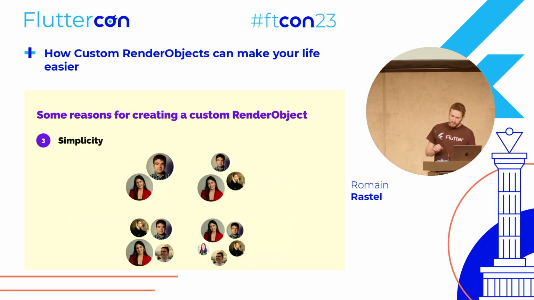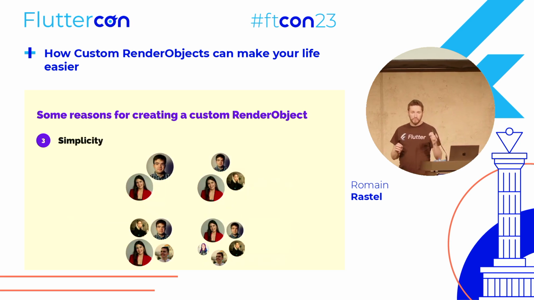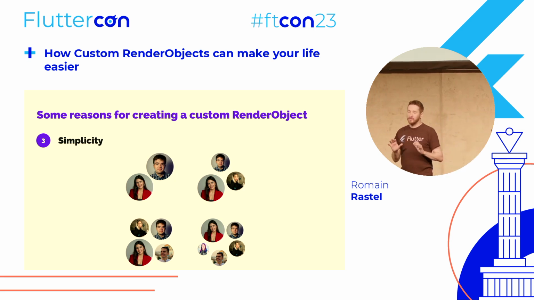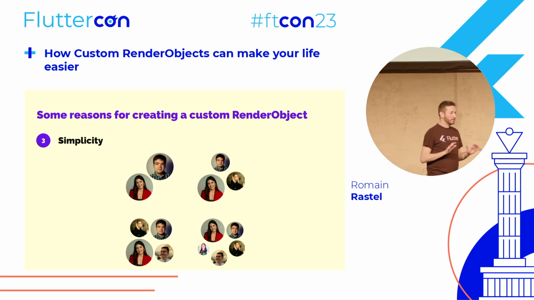And to finish, you may want to go to the render object level for simplicity. Yeah, I know it can be pretty confusing because render objects are not known to be simple, but everything is relative.